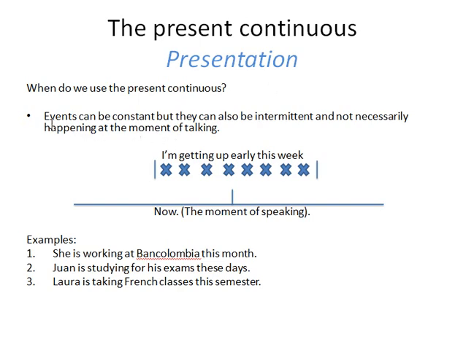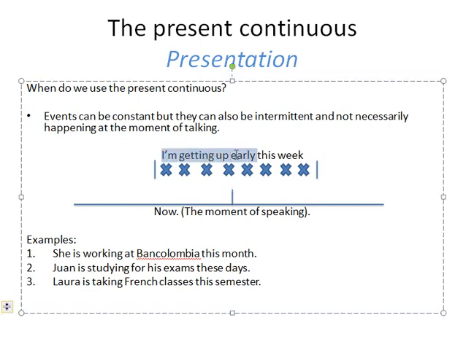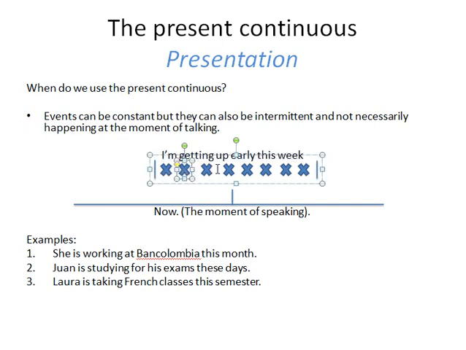For example, events can be constant, but they can also be intermittent and not necessarily happening at the moment of talking. This is a different concept, but it makes sense. For example, if I say, I'm getting up early this week, I'm talking about an action or an activity that is taking place in some different moment during the present.